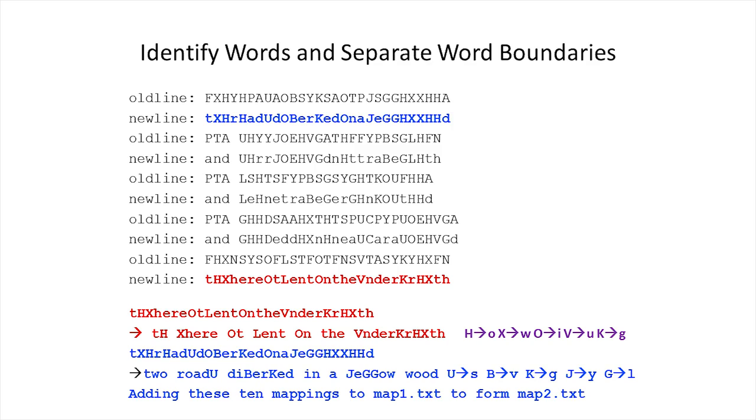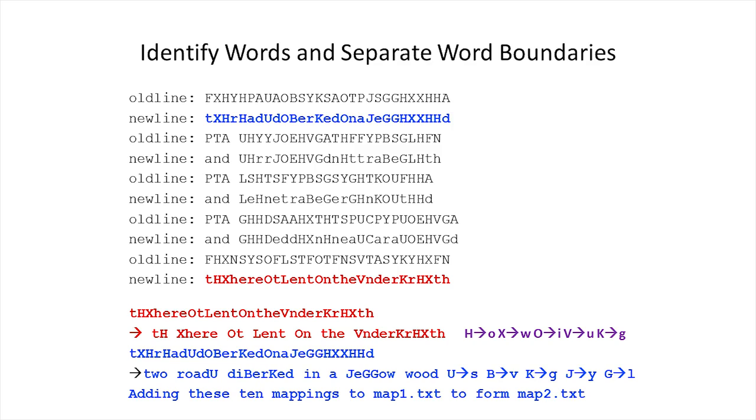With that understanding, we now have a new mapping: H maps to O, X maps to W, O maps to I, V maps to U, and K in ciphertext maps to plaintext G. This leads us to parsing the first sentence as two roads diverge in a yellow wood.